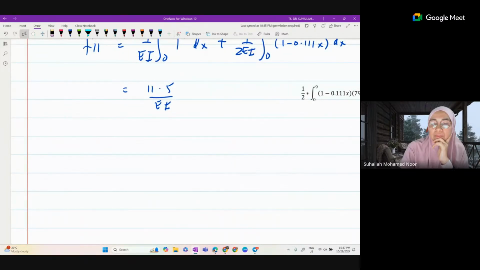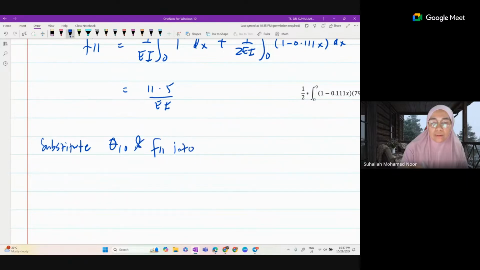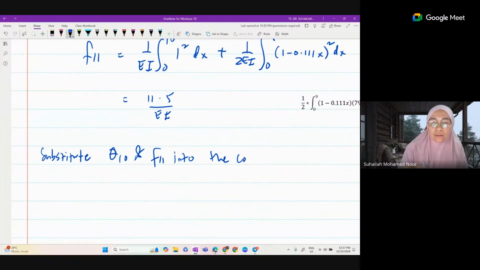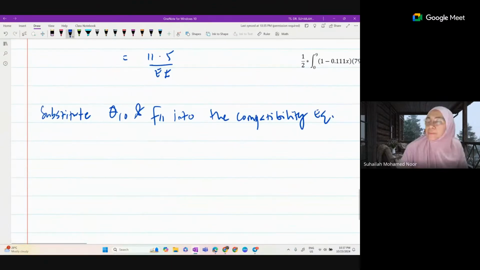Okay, what we need to do now is to substitute theta 1 naught and F11 into the compatibility equation.